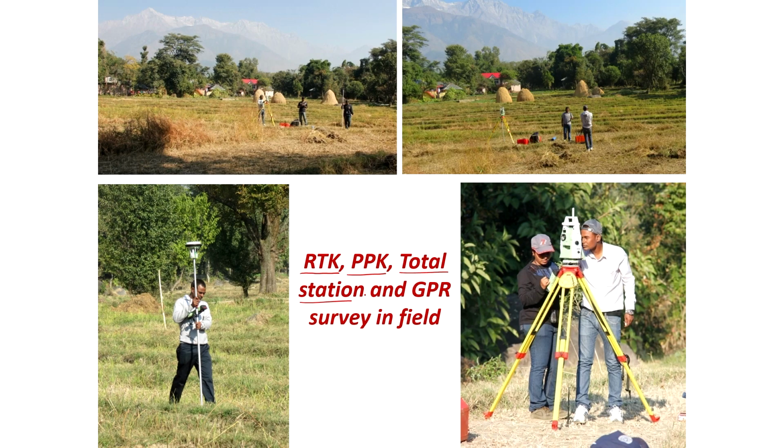Okay. So, in this RTK and PPK, what one can do is have a base set up with one receiver, and another one is mounted on the calibrated post again, and you can keep carrying it and taking the points. Okay.